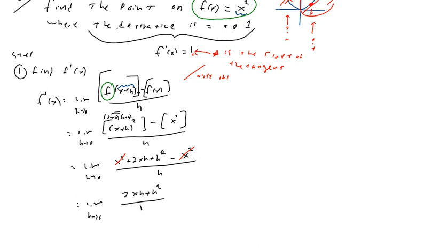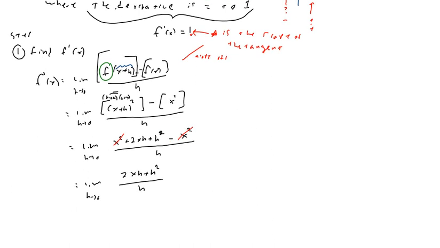And then what do I do now? What's the trick I have here? 2xh plus h squared over h. We want to cancel this and factor out an h. You see our h's here, factor out a GCF. So we're going to get the limit as h approaches 0 of h times 2x plus h, over h, and my h is going to cancel.